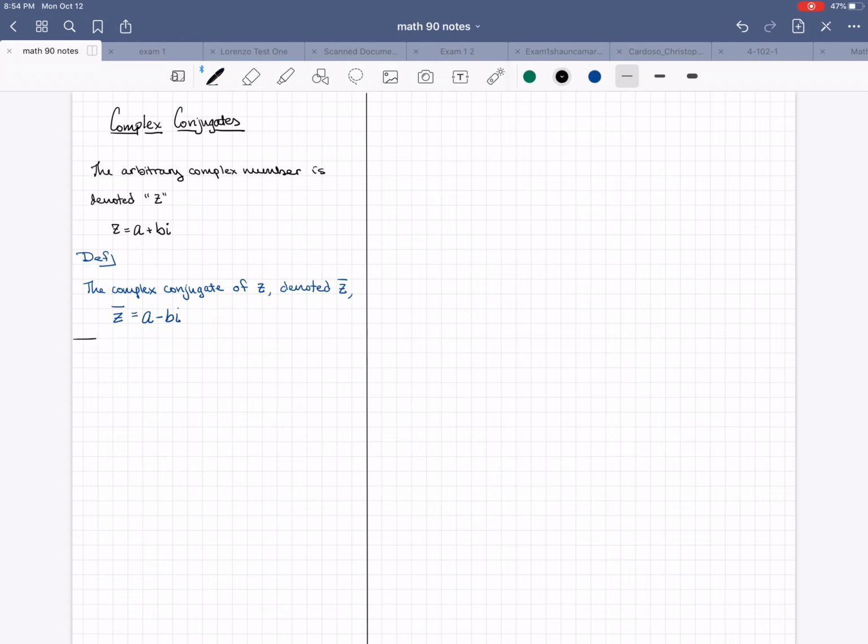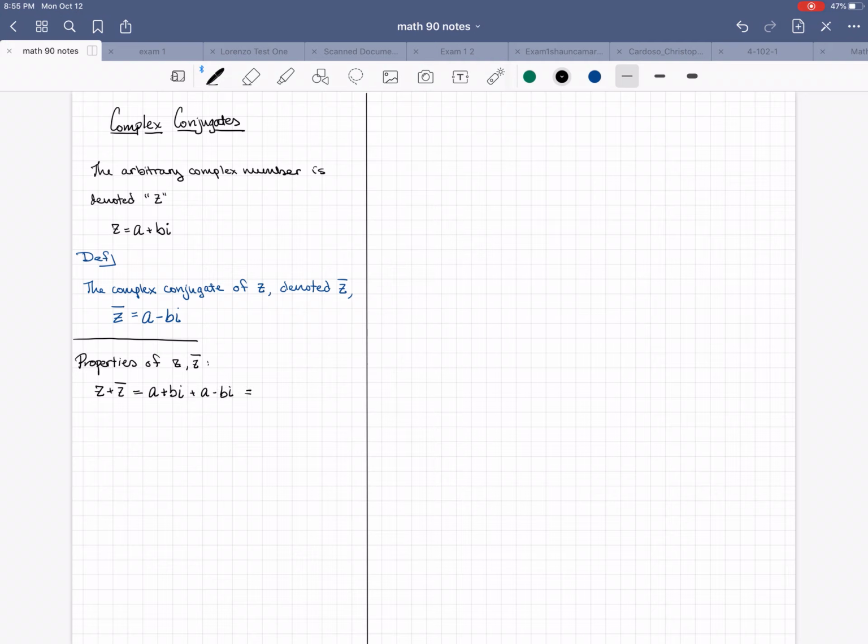So let's talk a little bit about some properties of Z and Z bar. So the first thing is, if you add them together, you always get a real number. What I'm saying here is you're adding A plus BI and A minus BI.